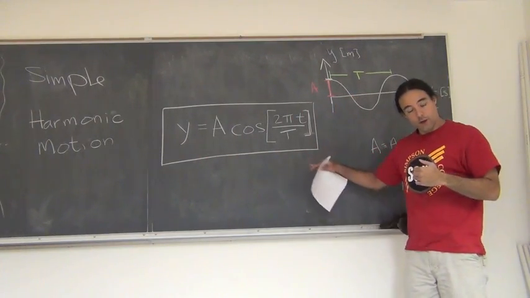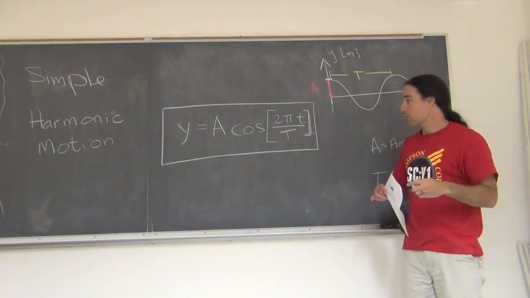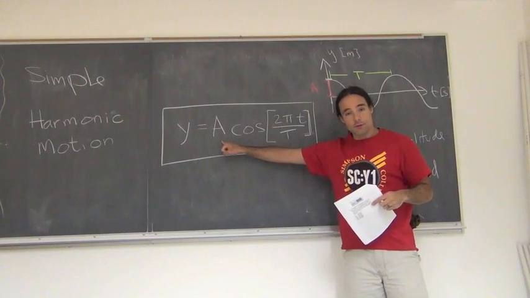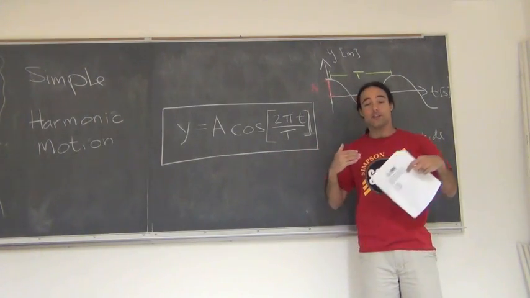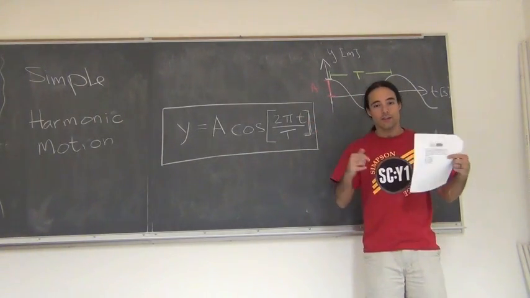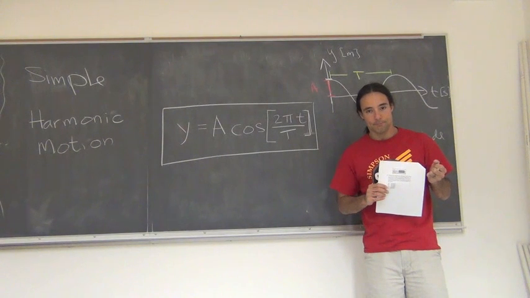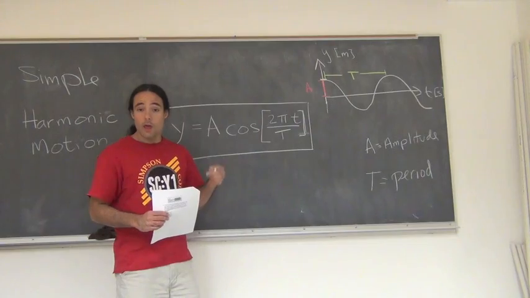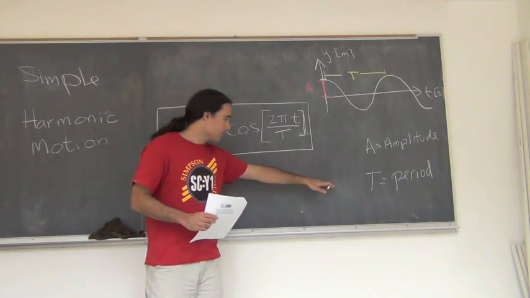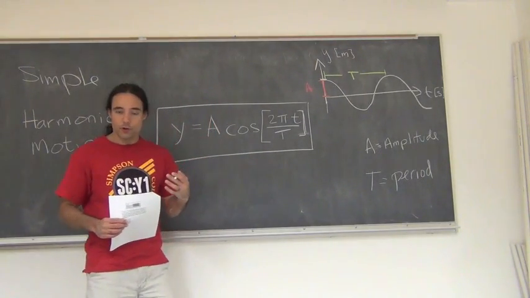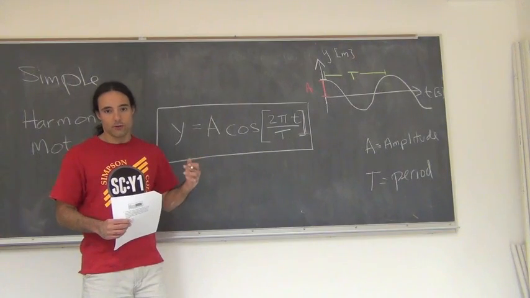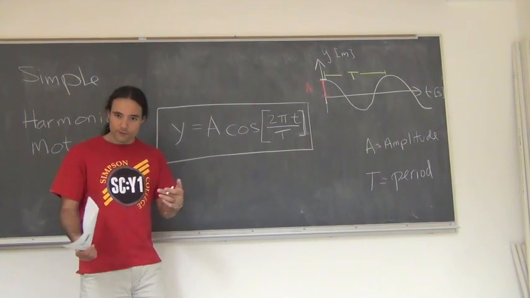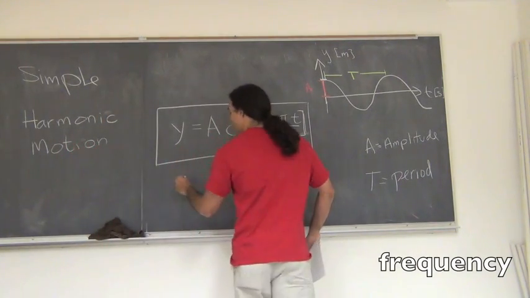So we'll use this equation to describe our simple harmonic motion. Again, A is the amplitude of the motion, big T is the period, little t is the time that I happen to be looking at. Rather than talk about the period, some physicists prefer to talk about how frequently the mass goes up and down. So for this reason, we define a quantity called the frequency.